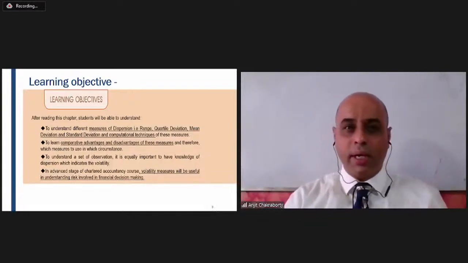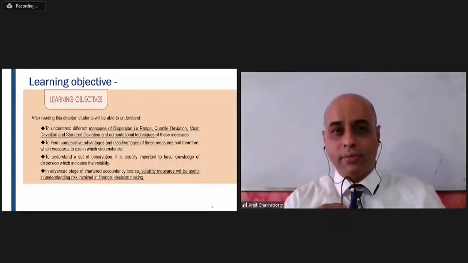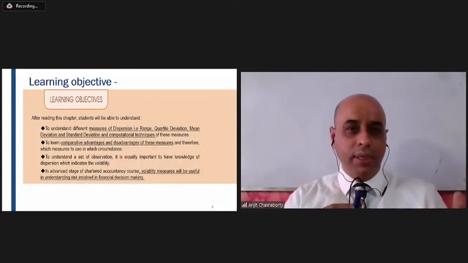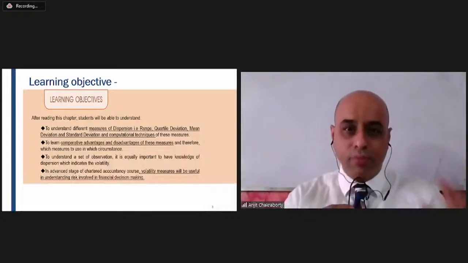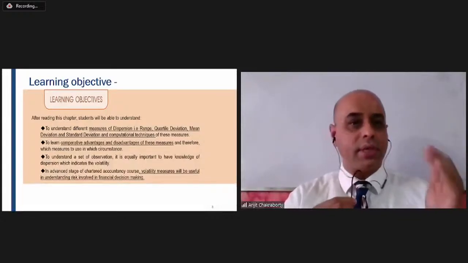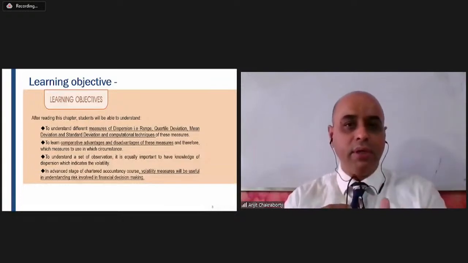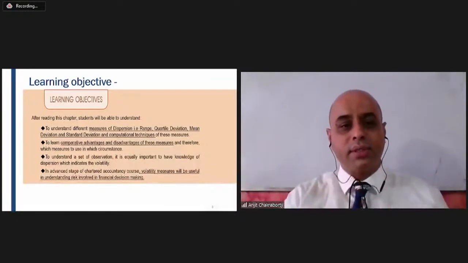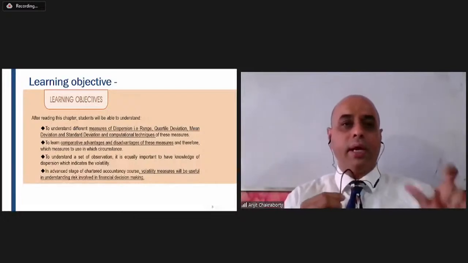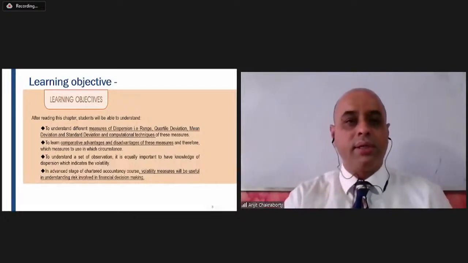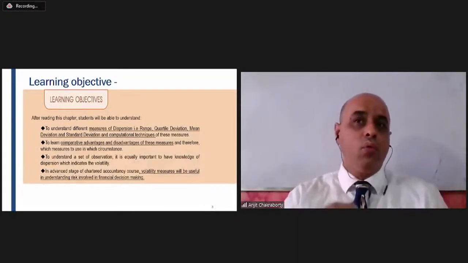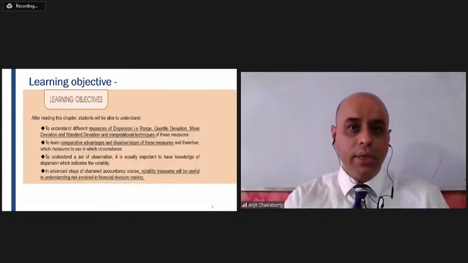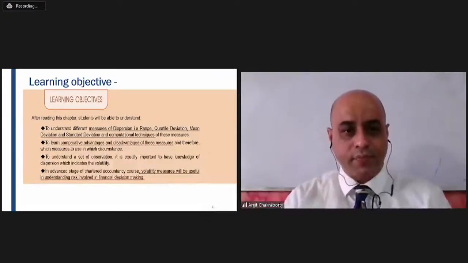Second, as we had done in central tendency, where we covered a comparison between mean, median, and mode, and within mean, arithmetic mean, geometric mean, and harmonic mean, similarly in this chapter the other objective is to understand the comparative advantages and disadvantages of these measures of dispersion, so that we can understand which measure to use in practical real life situations.